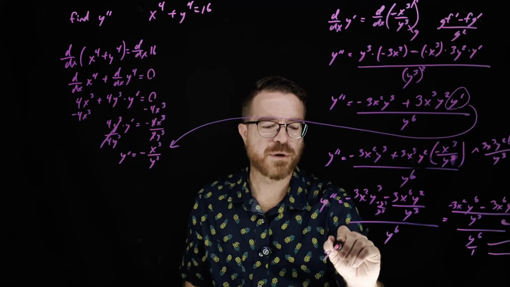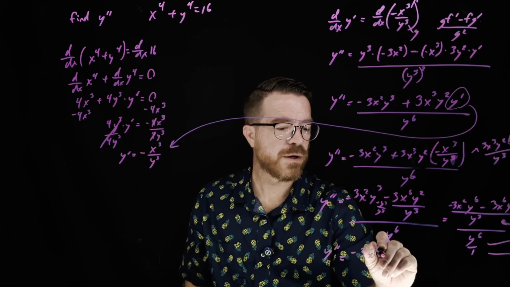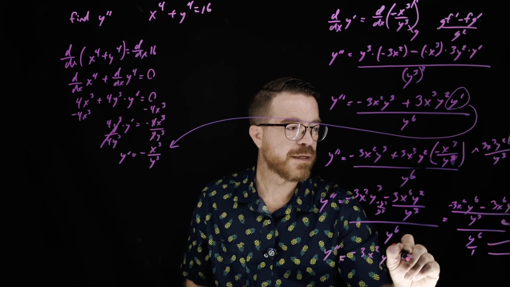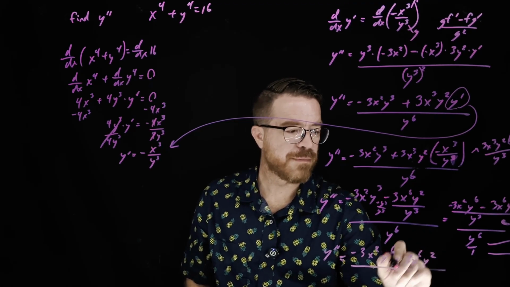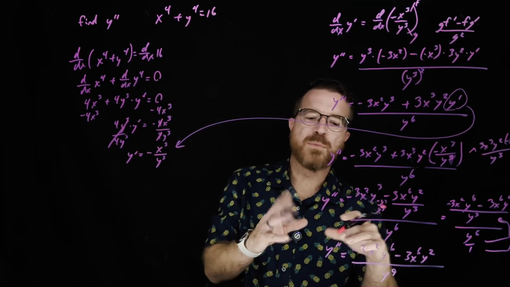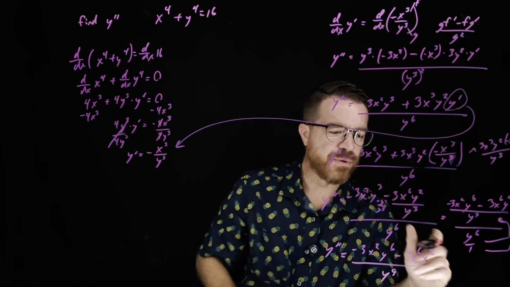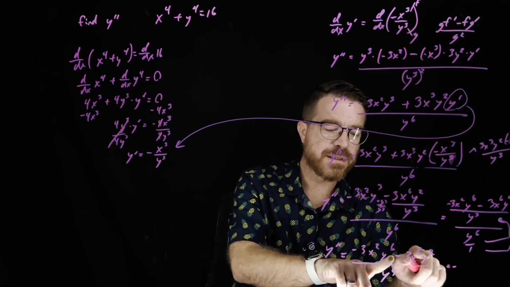So we now have that y double prime is equal to minus 3x squared y to the 6th minus 3x to the 6th y squared divided by y to the 9th power. And then I'm going to simplify it just a little more. First thing, both of these have a negative. I'm going to pull that out to the front. So this is going to just be minus. And then I have y to the 6th, I have y squared.